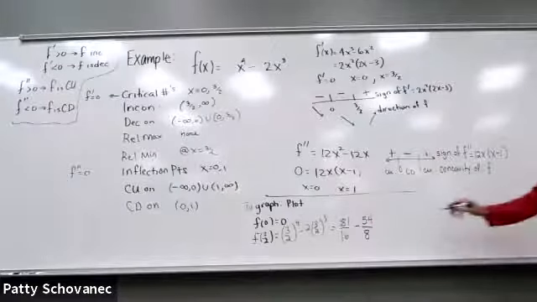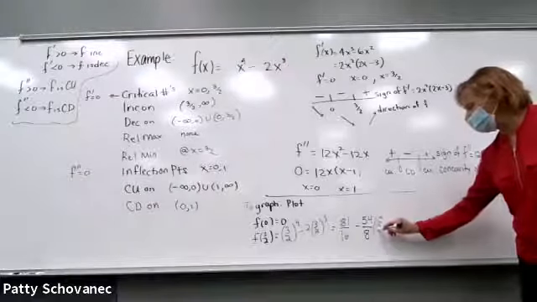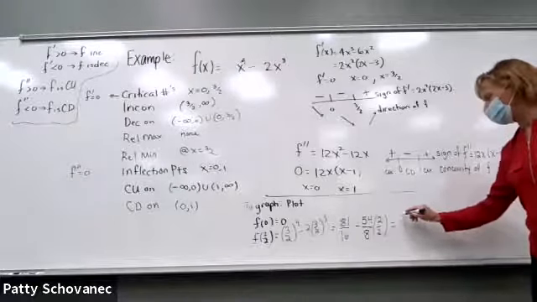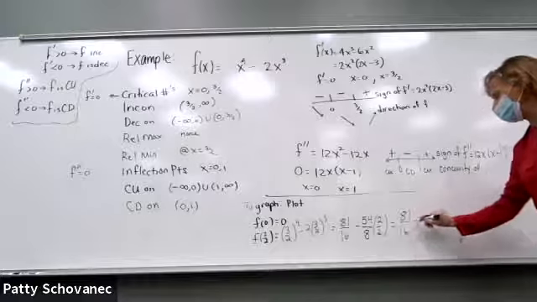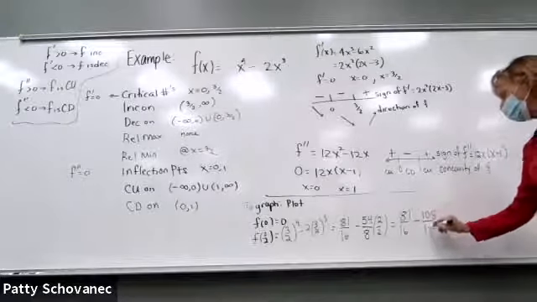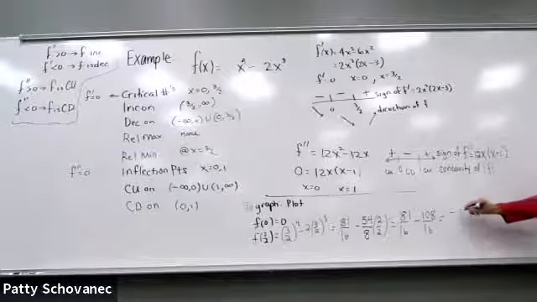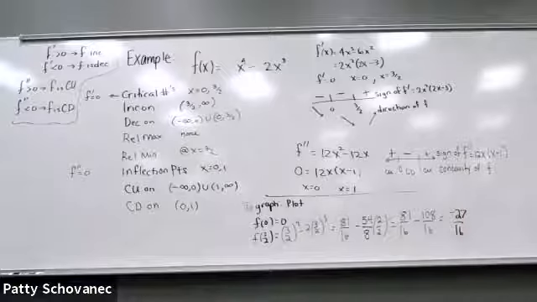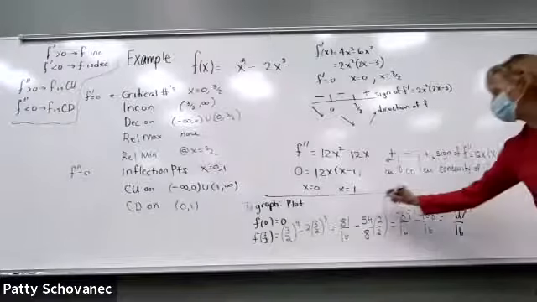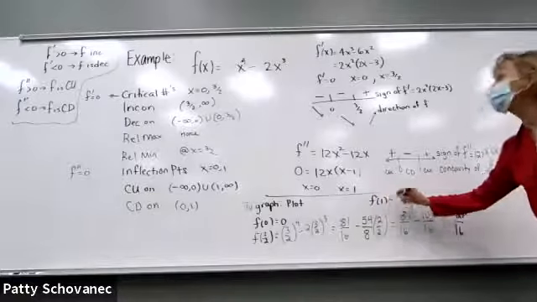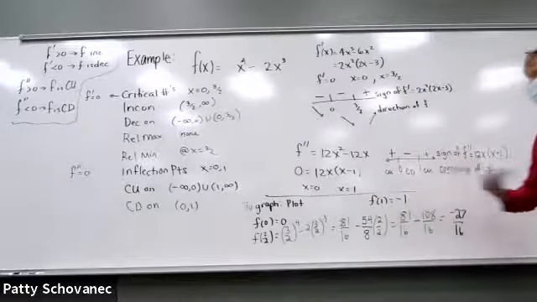So if I get a common denominator, -81 minus 108 is a negative 27 over 16. Close enough? I believe. F of 1 is the inflection point. 1 to the 4th minus 2 times 1 is -1.